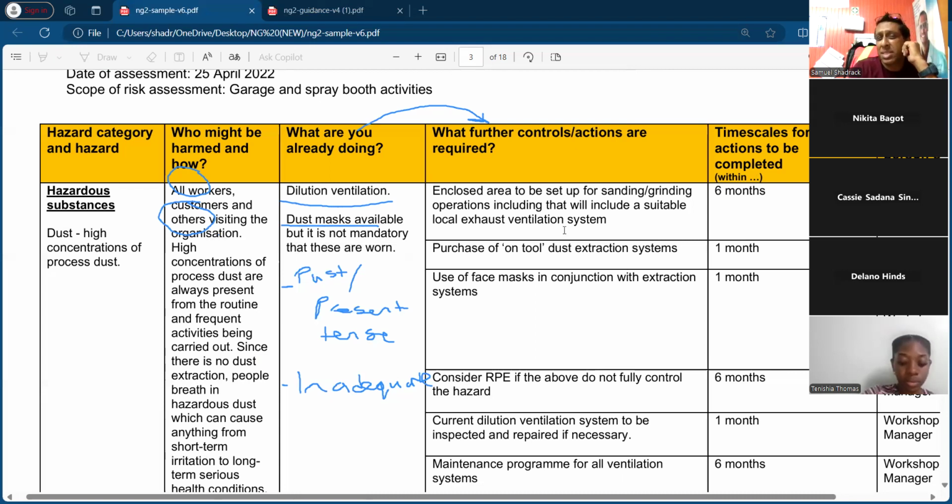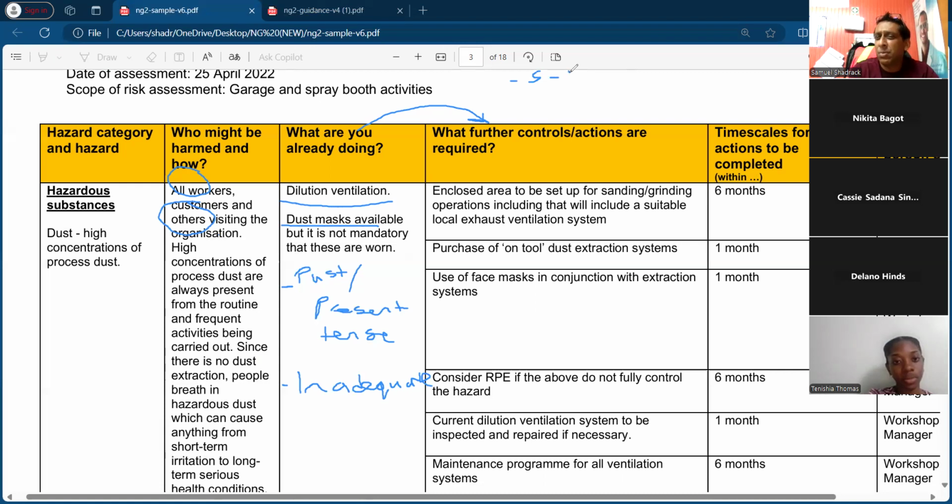Some of the more important ones, and all of them are important: column 4 has about 5 controls in it. Each hazard has at least 5 further controls. So 5 to 8, sometimes even more.